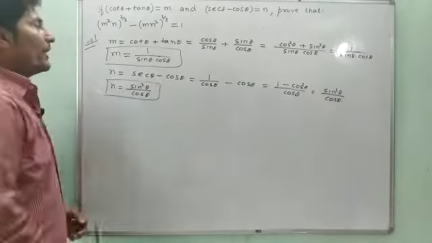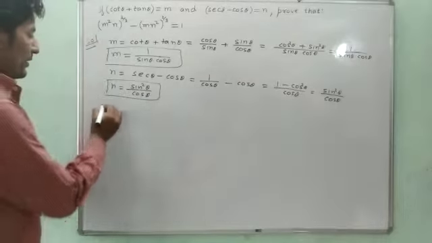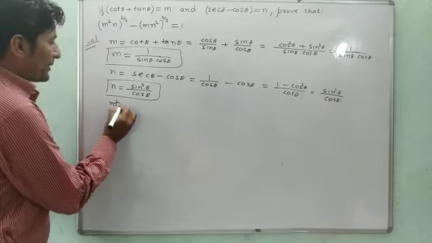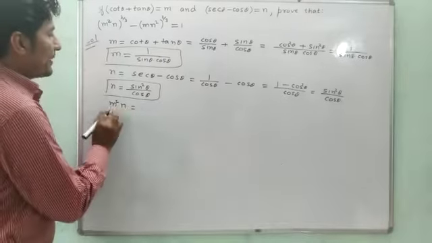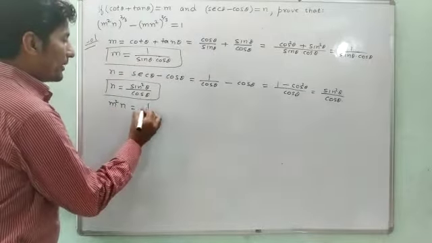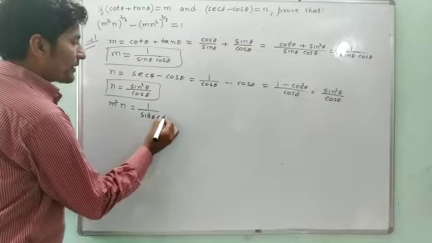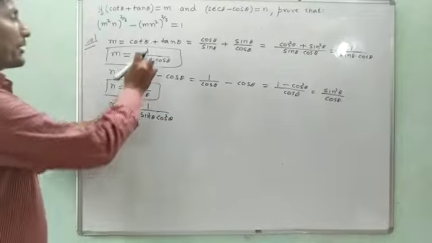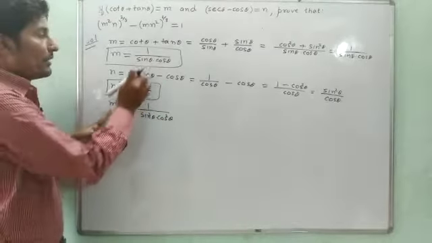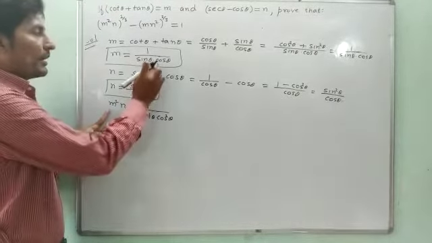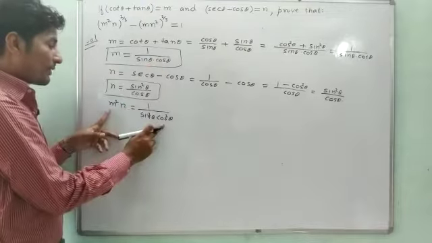After getting the value of m and n, we have to find out the value of m square into n. M square, the value of m is given, so m square will be equal to 1 upon sin square theta into cos square theta. When we put the square, the square of 1 will be 1, square of sin theta equals sin square theta, square of cos theta equals cos square theta.